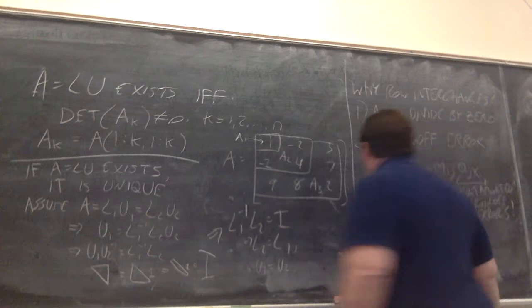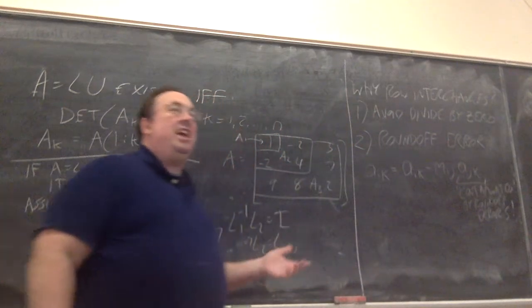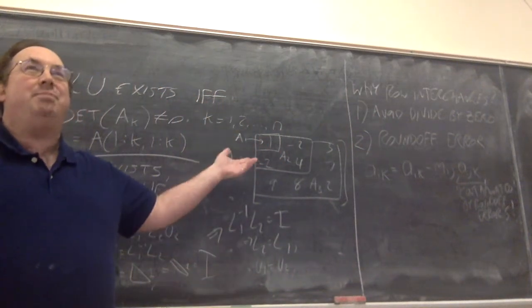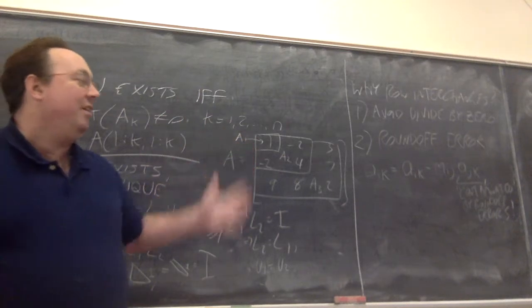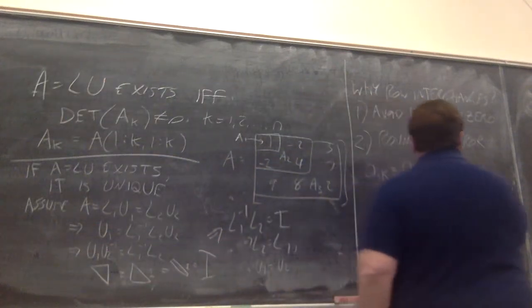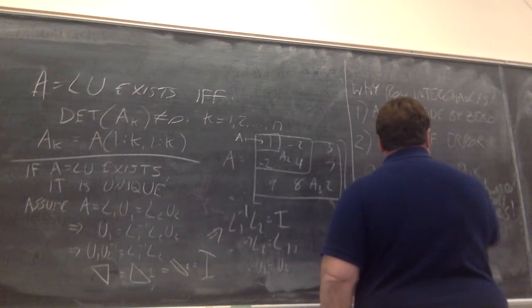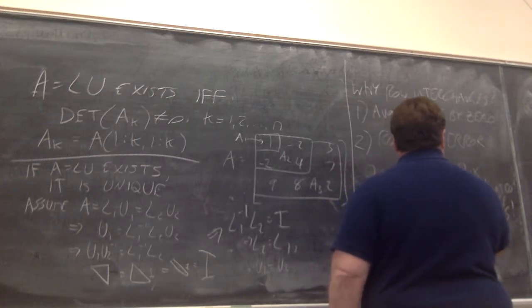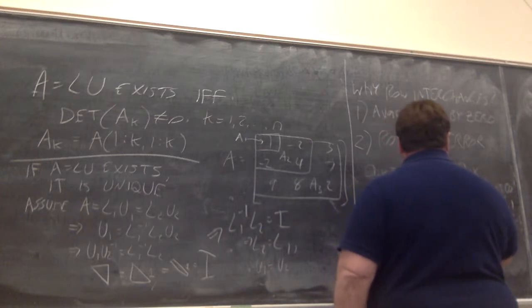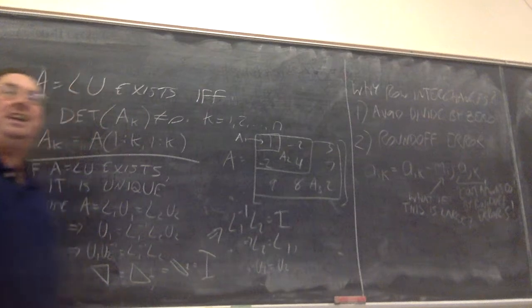But then what happens with this AJK value? Now we're multiplying it by the multiplier. So the problem is, what if this multiplier value is large? Why is that a bad thing?